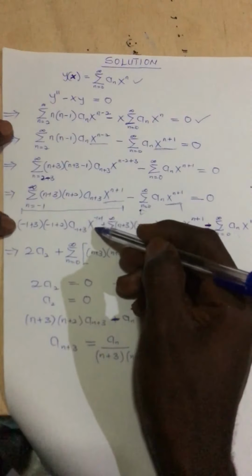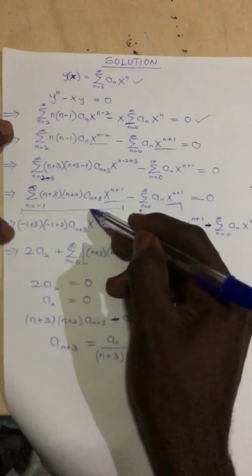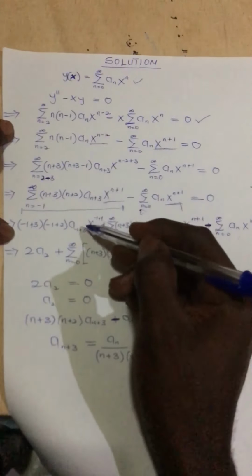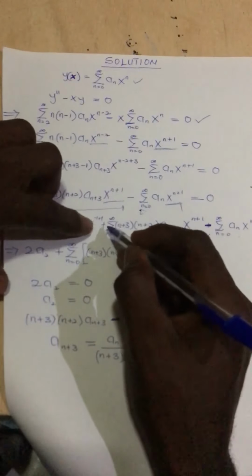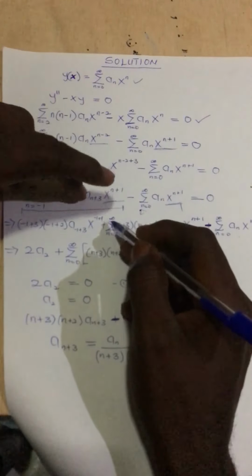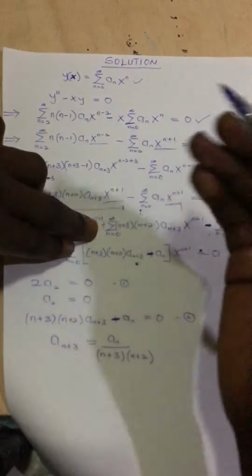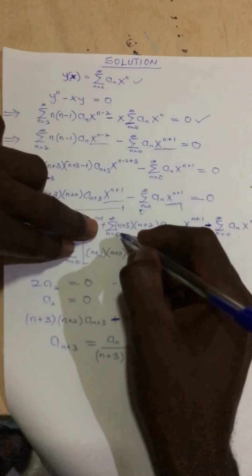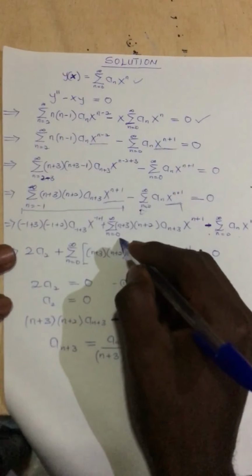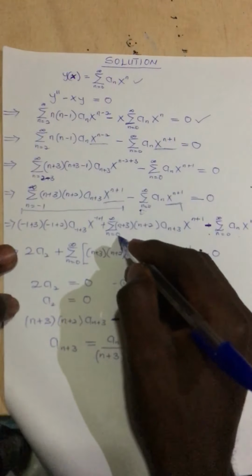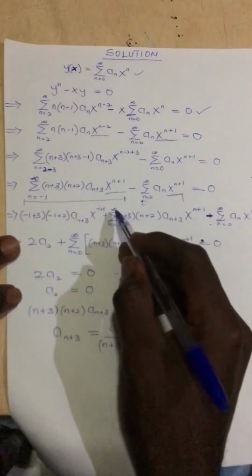So we are extracting our first term, which is at n equal to negative 1. When we extract our first term, our second term will now start from 0. Are we okay? Our second term will now start from 0 to infinity.